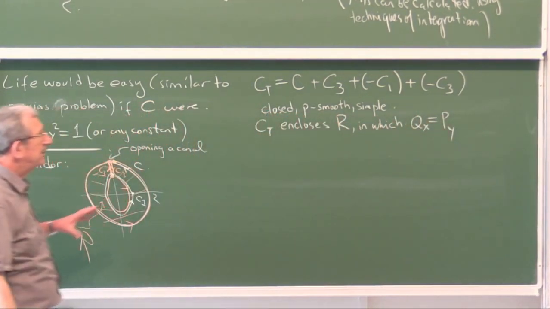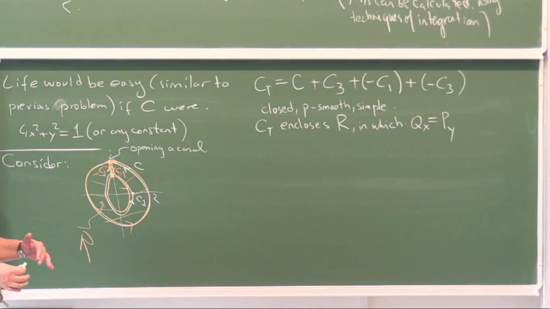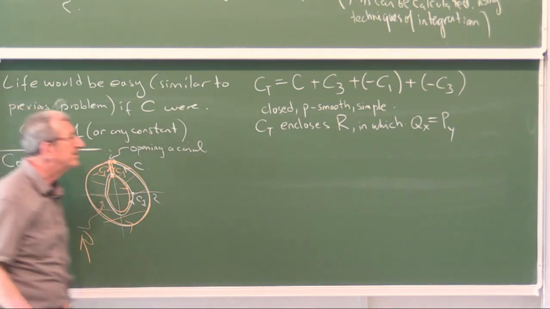That means now CT is a closed curve. Inside it, these have continuous partials, and they're equal because 0, 0 is not inside CT.